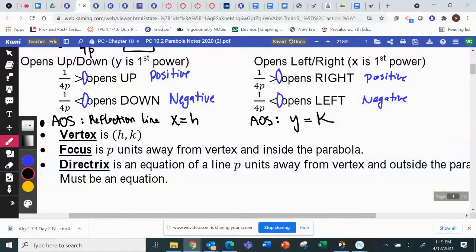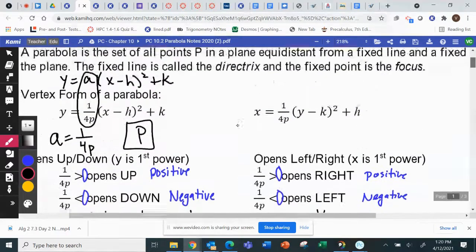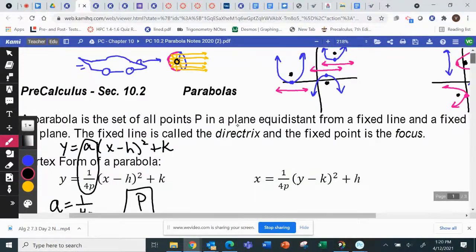The vertex. If the parabola opens up or down, left or right, the vertex is HK, no matter what. But the H and K are in different locations in the left-right equation.